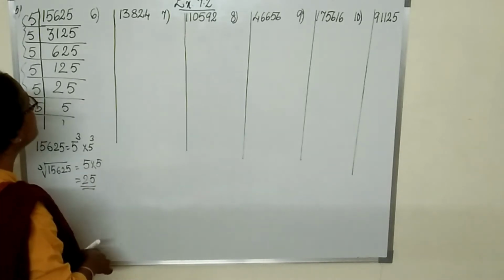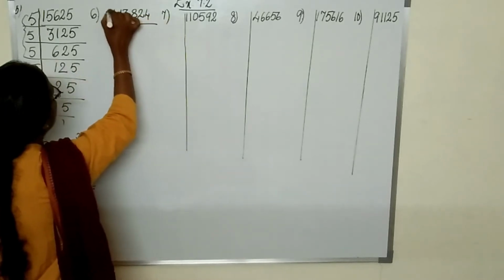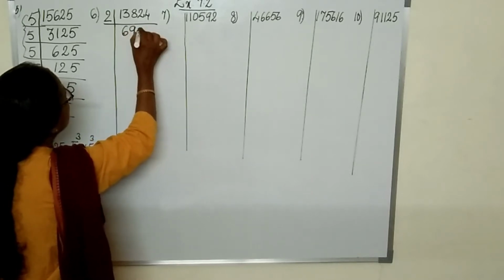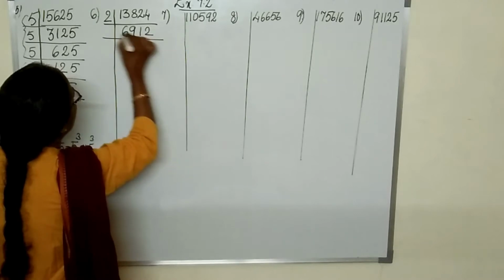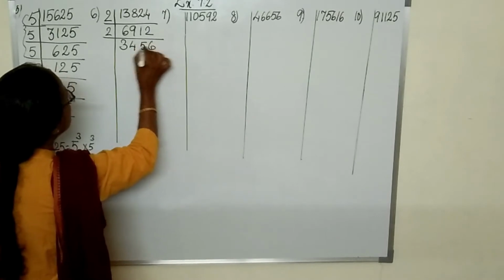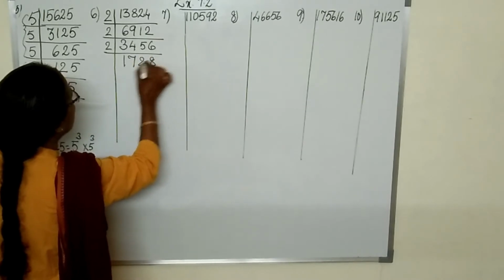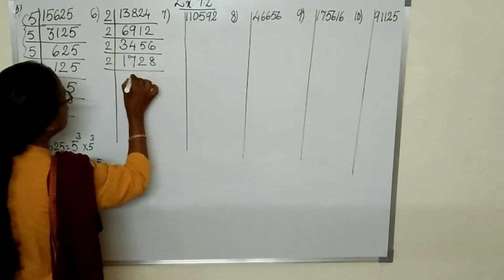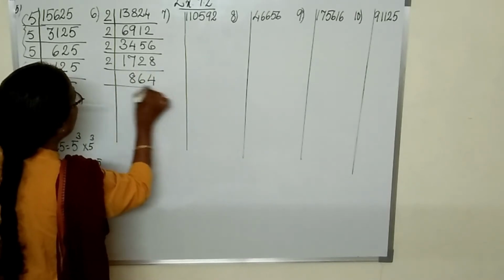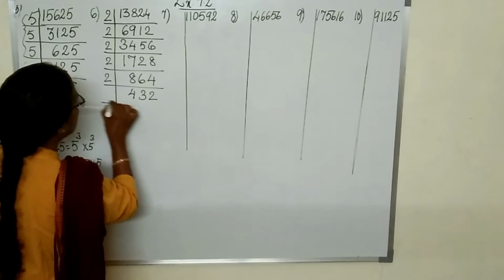The next sum is 13,824. So let us divide by 2. It is divisible. 6,912. Again by 2, 3,456. 1,728. Again by 2, 864. 432.